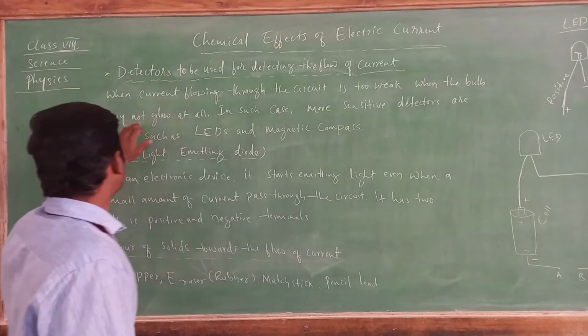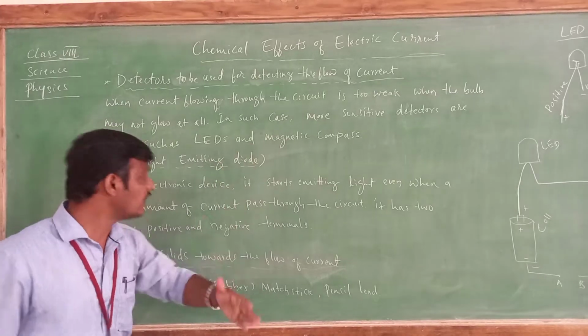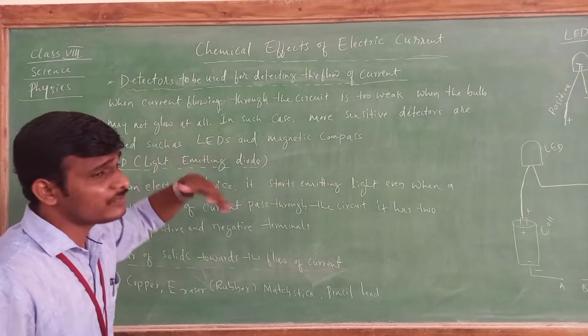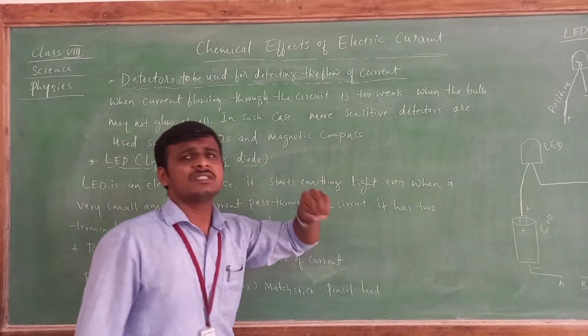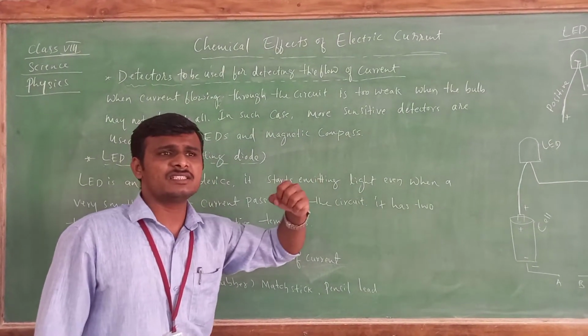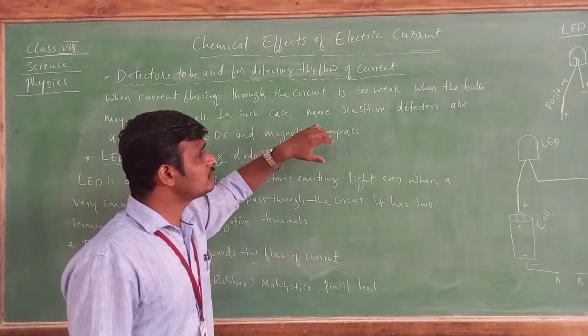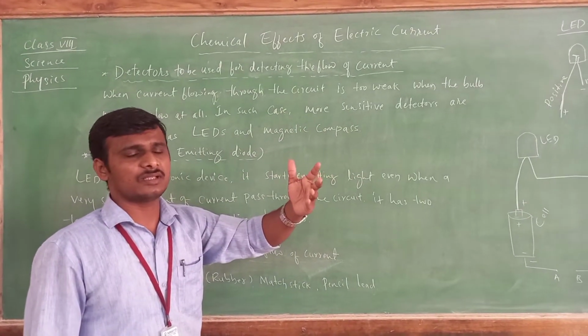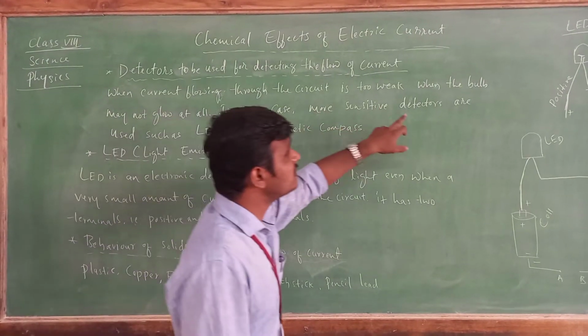The bulb will not glow, or any other electrical appliance will not run. At that time we have to use more sensitive detectors. So when the current flowing through the circuit is too weak, meaning too little, the bulb and the other electrical appliances will not run. In such a case we have to use more sensitive detectors. It means that when the least amount of current is flowing through the circuit, to know that the flow of current is there, we have to use more sensitive detectors.